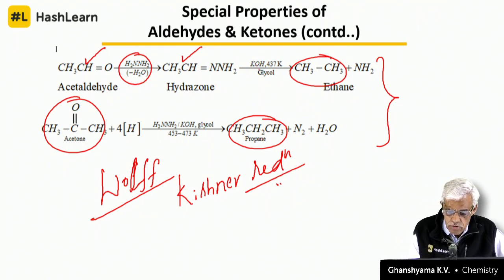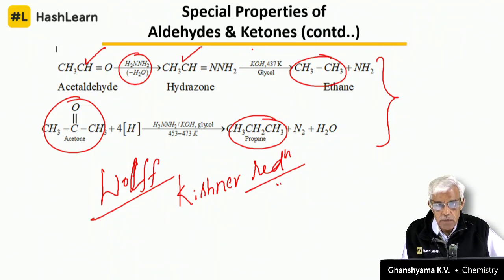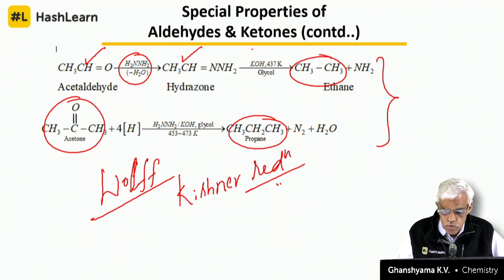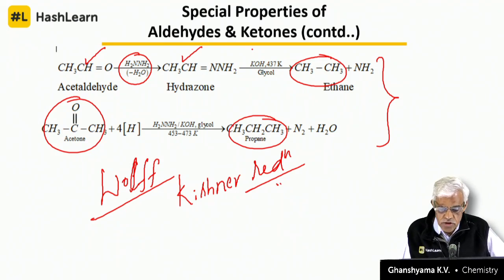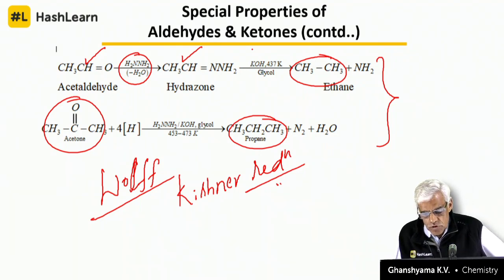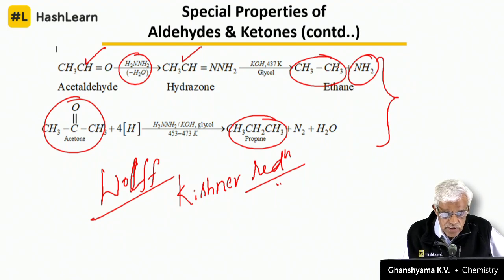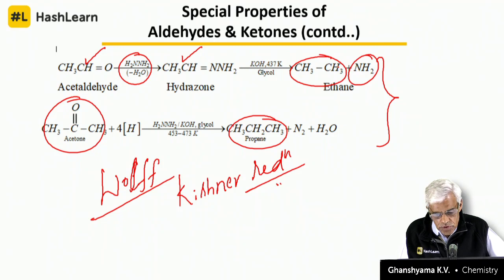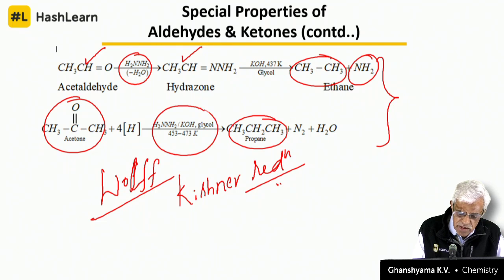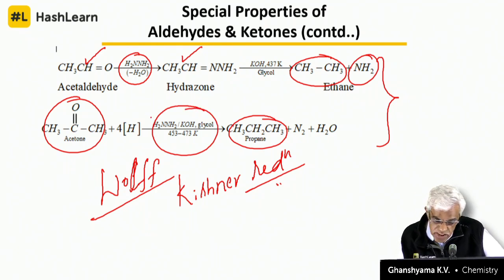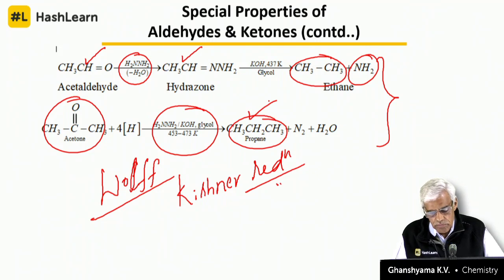If you heat it with glycol in a basic or alkaline medium, it gets reduced to CH3 plus NH3, not NH2, ammonia is obtained, plus H2O. This one is the Wolff-Kishner reduction. It is given in one step, but actually it is a 2-step or 3-step reaction.